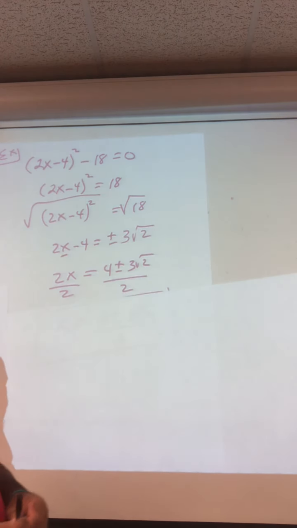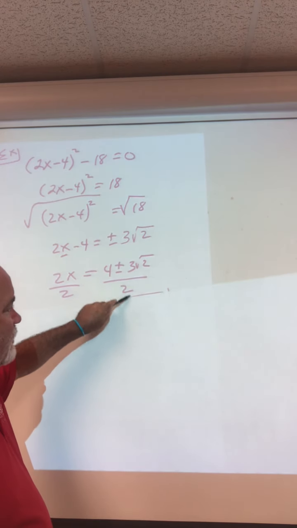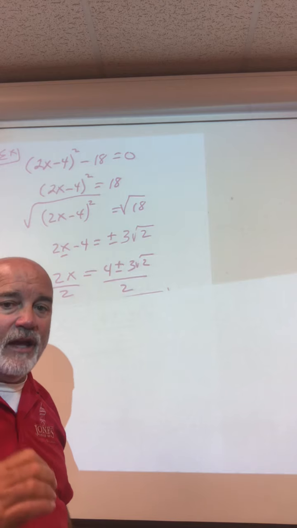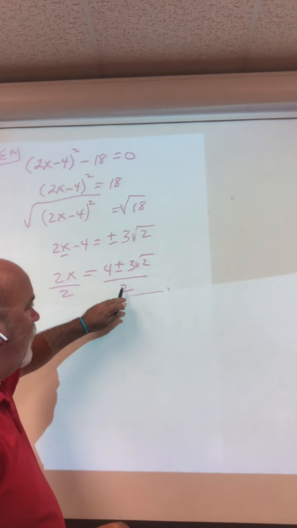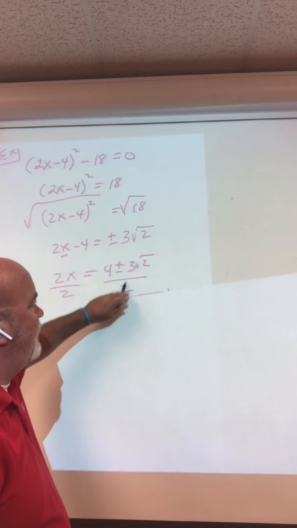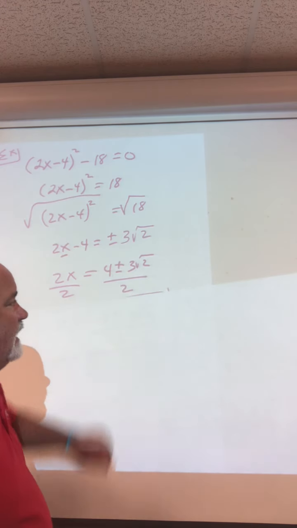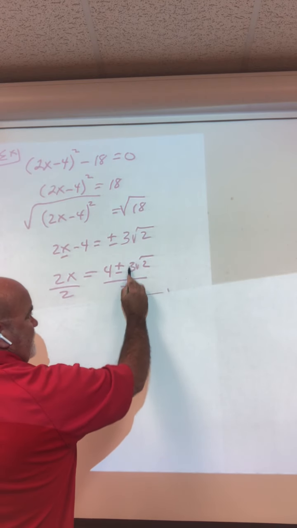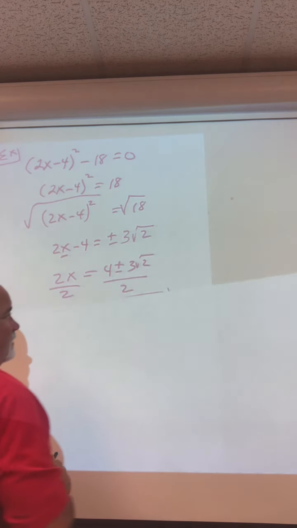Now, if you're not careful, you will be real tempted to cancel that 2 into that 4 and put a 2 right there. They do not cancel. The only way you could cancel this into this is if this 2 went into both of these. And it does not. Like if this was a 6, you could divide 2 into both in that case.